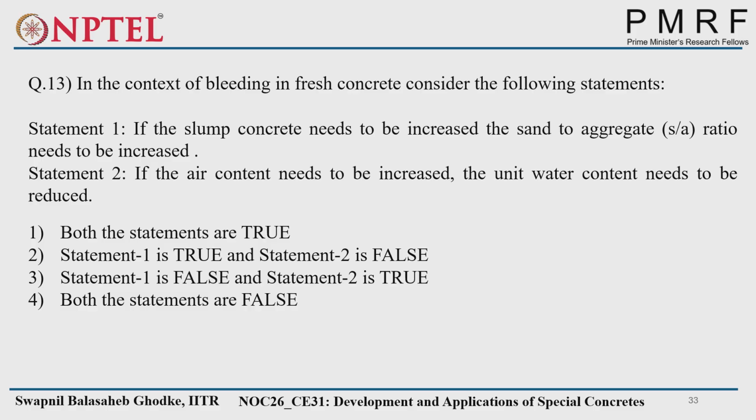Next, if the slump of concrete needs to be increased, the sand to aggregate ratio needs to be increased. Second, if the air content needs to be increased, the unit water content needs to be reduced. What will be the answer? One is right. Second is true.